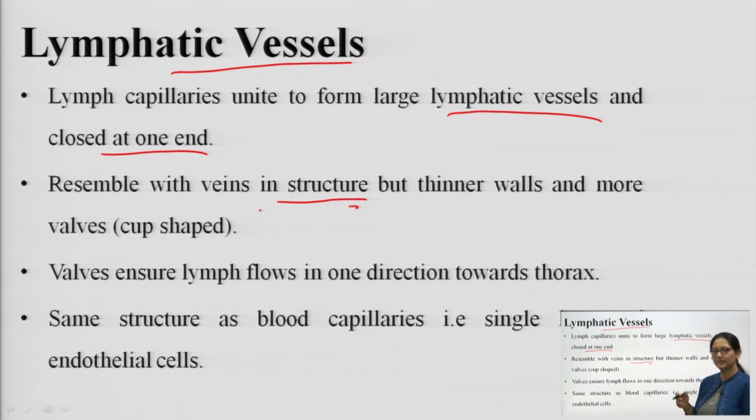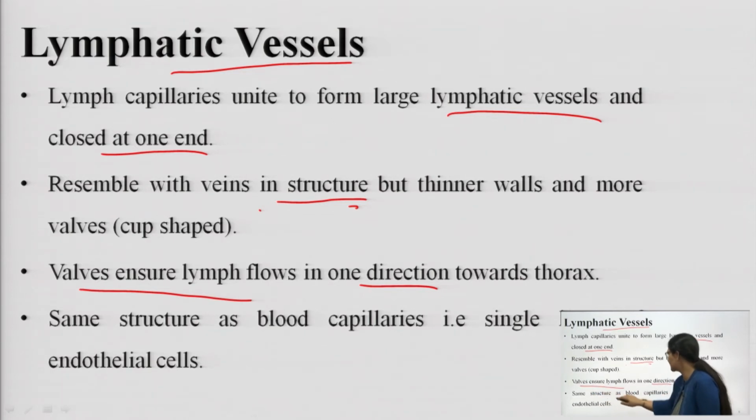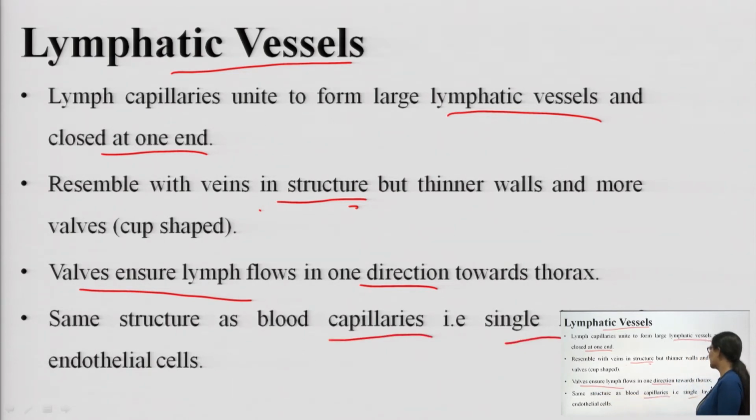This is the difference between blood vessels and lymphatic vessels, and these valves ensure the flow in one direction towards the thorax. It also has the same structure as the blood capillaries, a single layer of endothelial cells, so the same lining is present in the lymphatic capillaries.